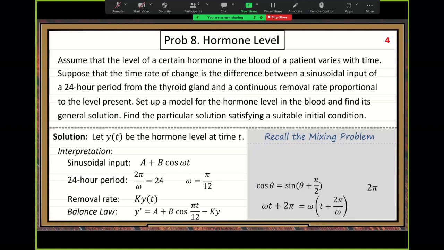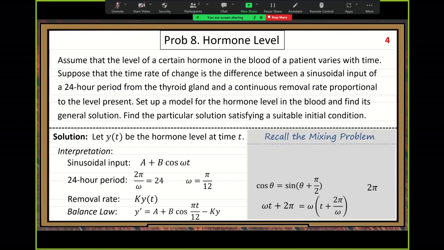So we need to adjust the cosine function from the original period 2 pi to 24 hours. How do we adjust? We use this omega, the parameter that adjusts the real period.